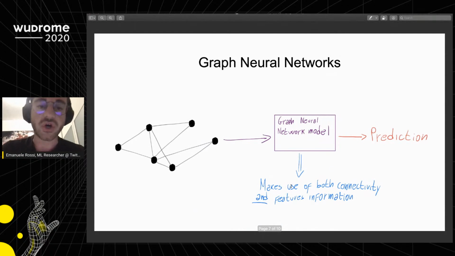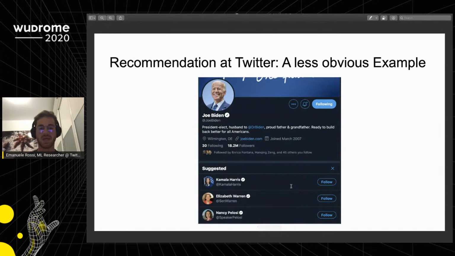So after having seen this more recent model, I also want to give you another more practical example, a bit more related to what I do. There are many obvious recommender system examples at Twitter, for instance, deciding which tweets we're going to show you in your timeline. But there are also less obvious examples like this one.